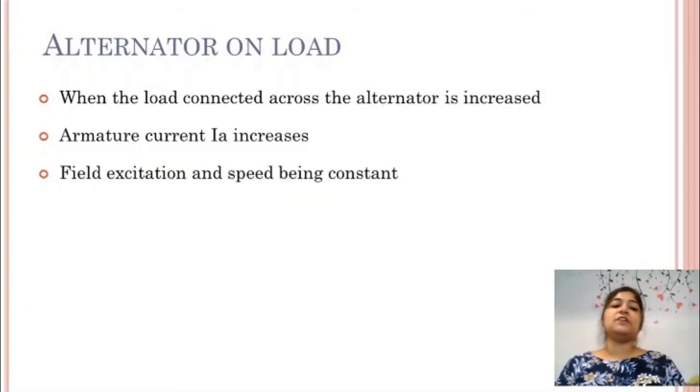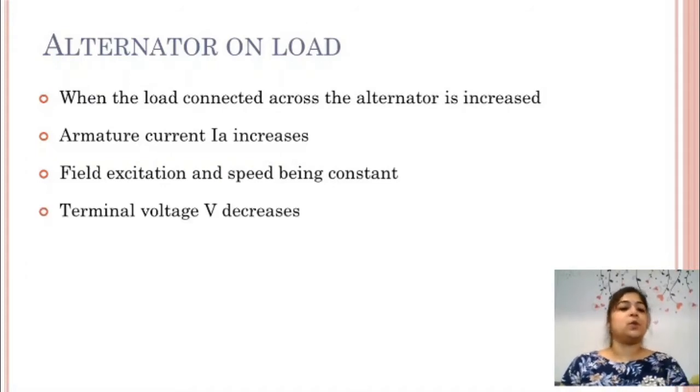Now, speed and field excitation are nothing but input to the alternator. Speed is nothing but the mechanical energy, and field excitation is giving you magnetic field. So, if we keep these two things constant, then directly change in armature current affects the terminal voltage. So, terminal voltage decreases. Try to understand, load increases, armature current increases, terminal voltage decreases.